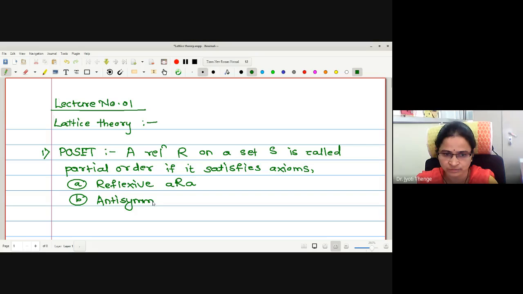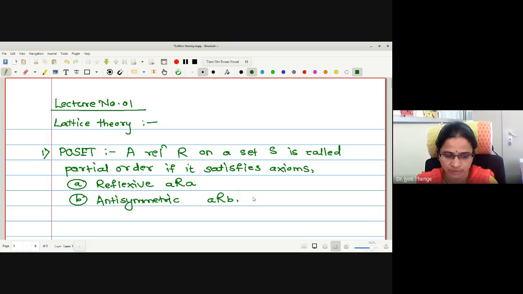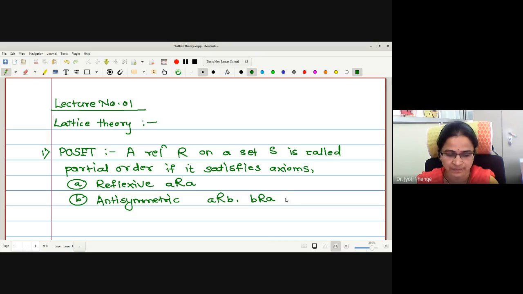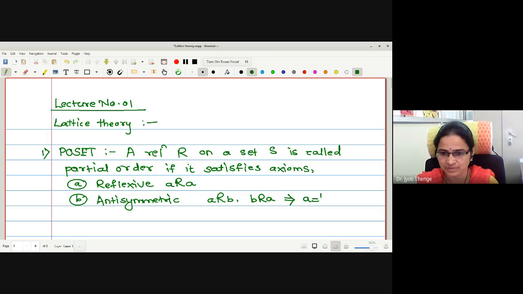What is the property? If A is related to B and B is related to A, for all A, B belonging to the set S, then this implies A is equal to B. And the third property is transitive.